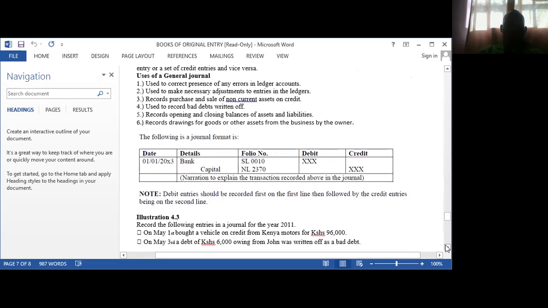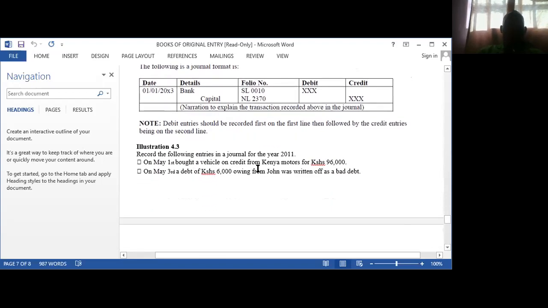We have an illustration here. Bought a motor vehicle on credit from Kenya Motors for 96,000. Because it is a motor vehicle, it cannot go on purchases. So if we buy a motor vehicle on credit, the motor vehicle is going to be debited because it's an asset increasing, and then Kenya Motors is going to be credited because they are creditors who demand payment from the business.